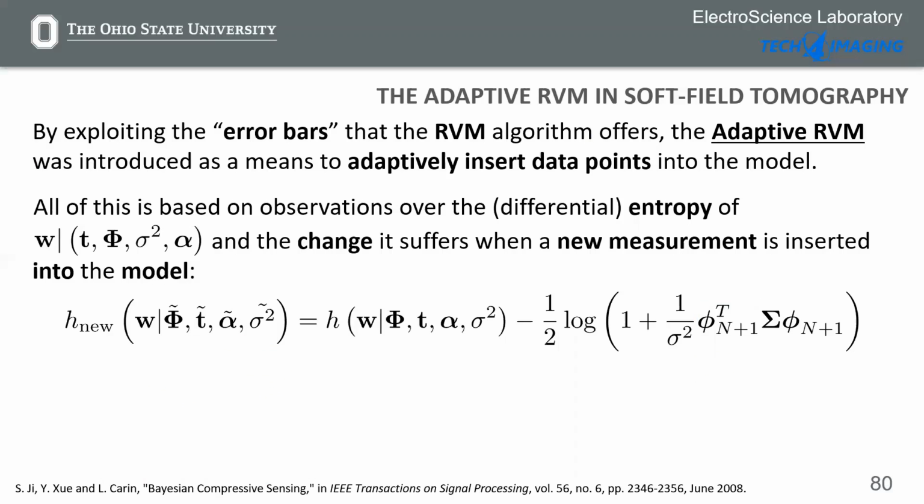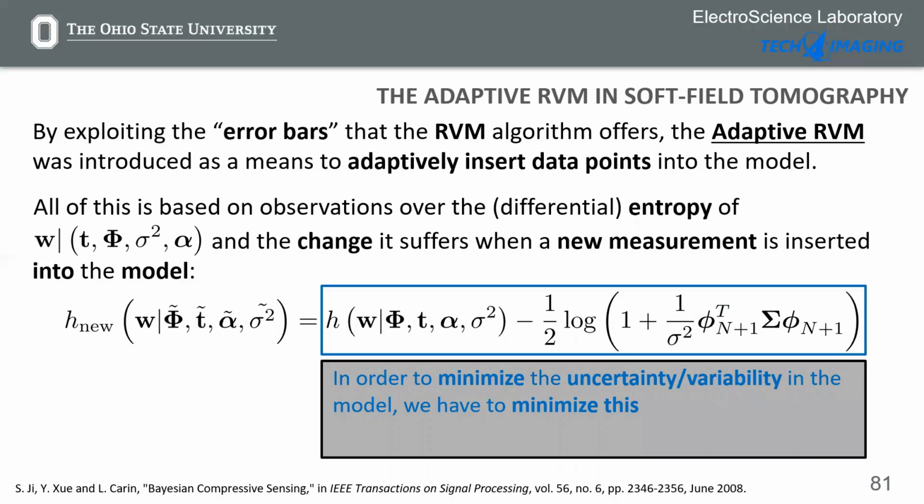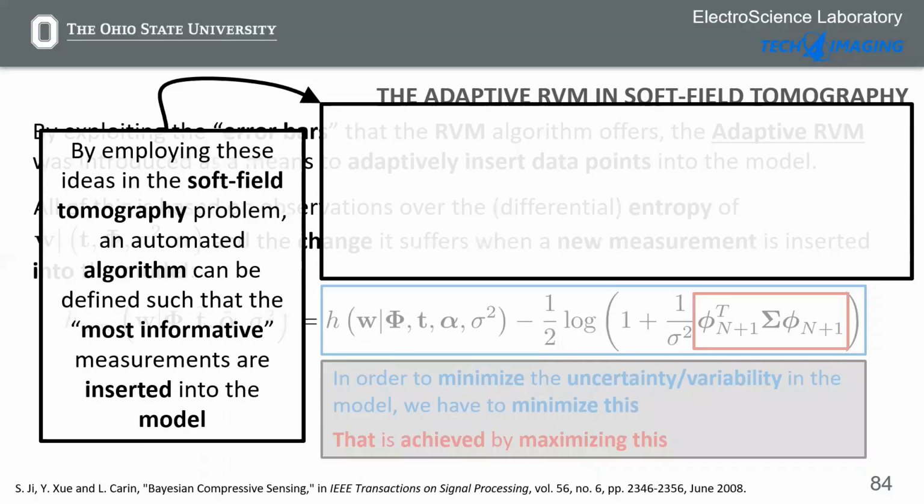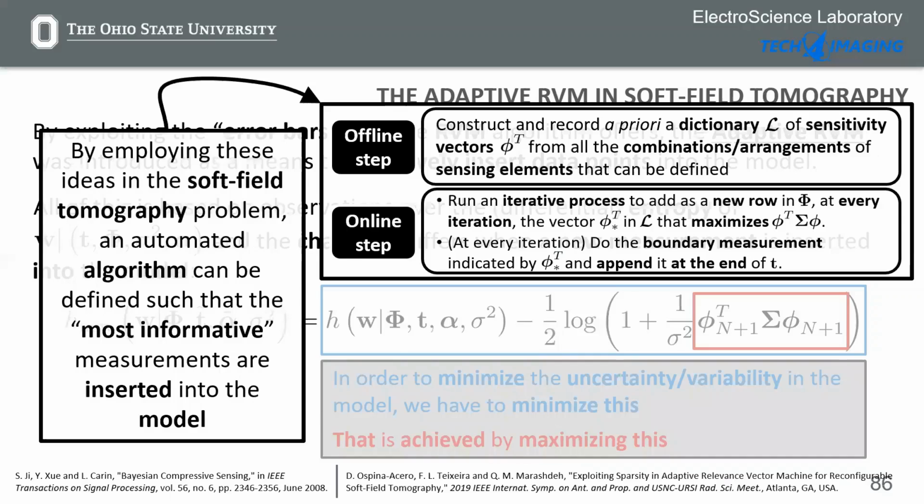If we want to minimize that expression, we basically need to minimize the expression on the right, which reduces the uncertainty or the variability. But to do that, we have to maximize that term framed by that red rectangle. So this defines an iterative procedure where at every iteration, we seek the sensitivity vector that maximizes that term in the red rectangle. And then those measurements simply are the ones that are inserted into the model.